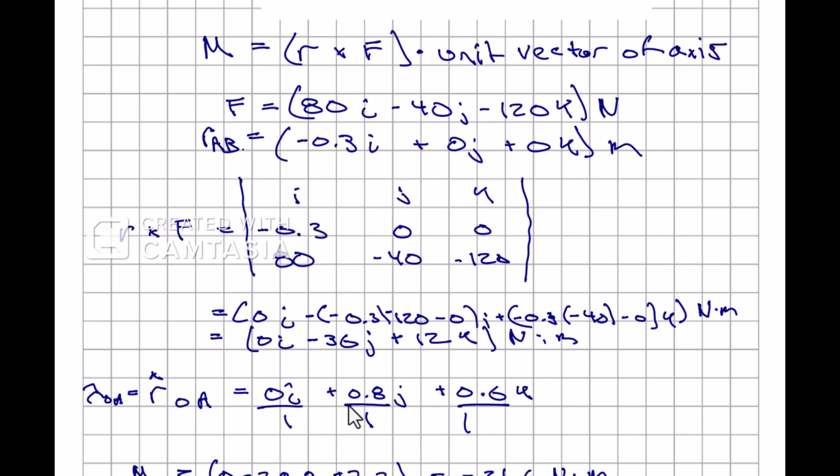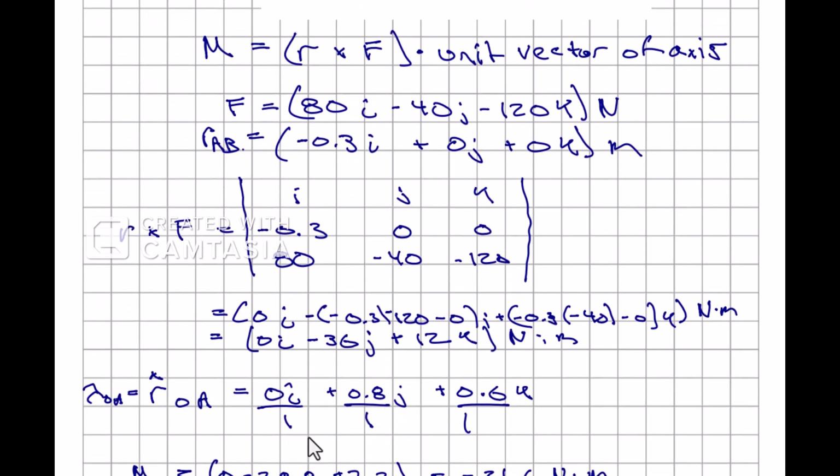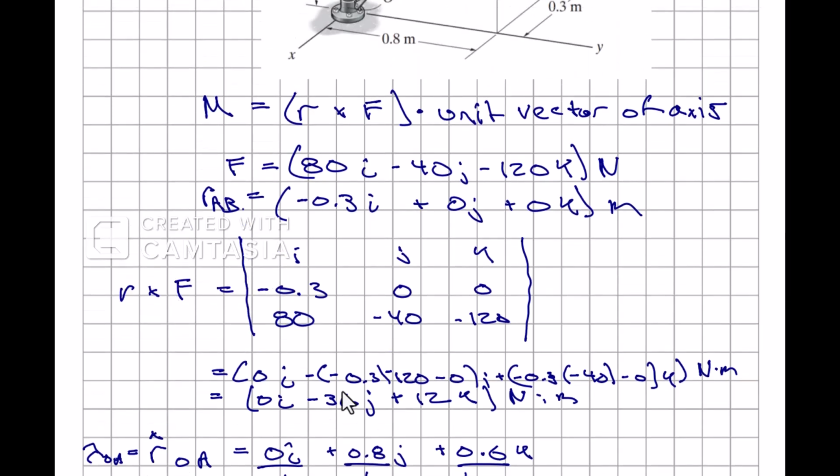I like to make sure I keep my zeros when I do this, even if it drops out, plus 0.8j plus 0.6k, all right? So let's go ahead and now do the dot product of what we got here, our moment, dotted with this. Okay, so go ahead and pause the video and do the dot product for that.